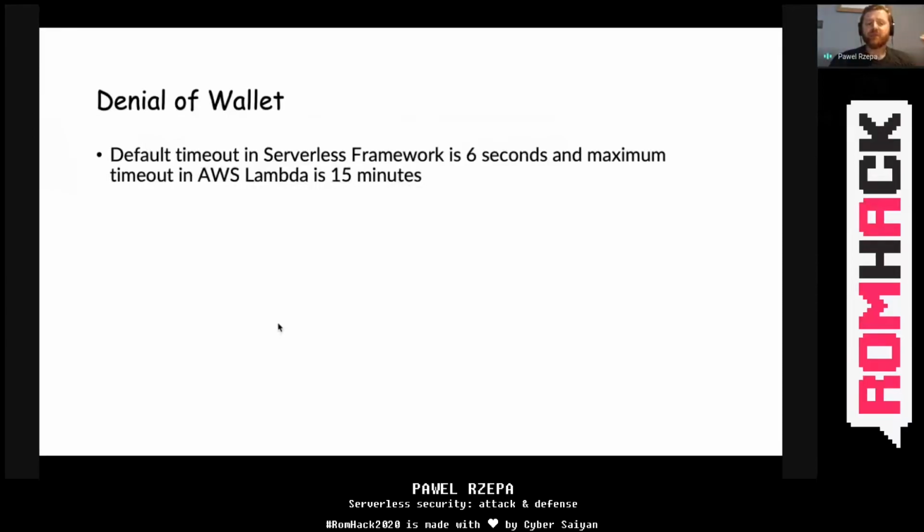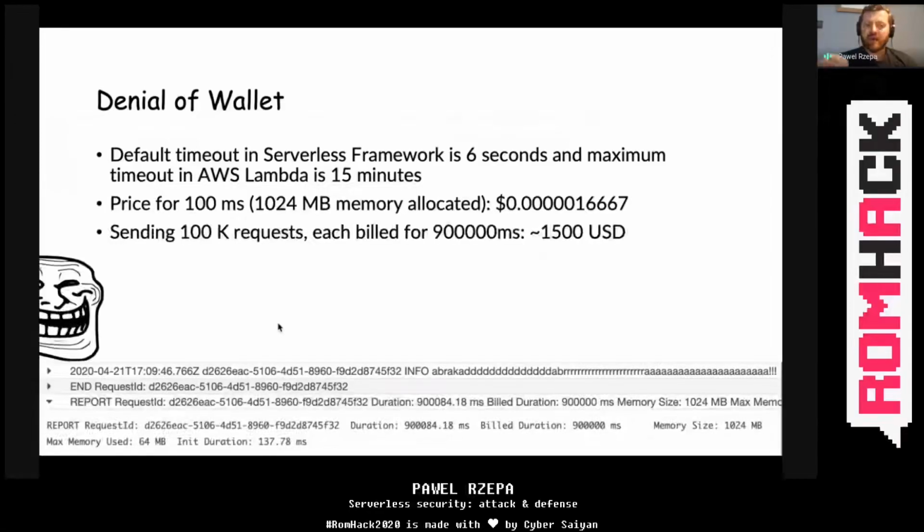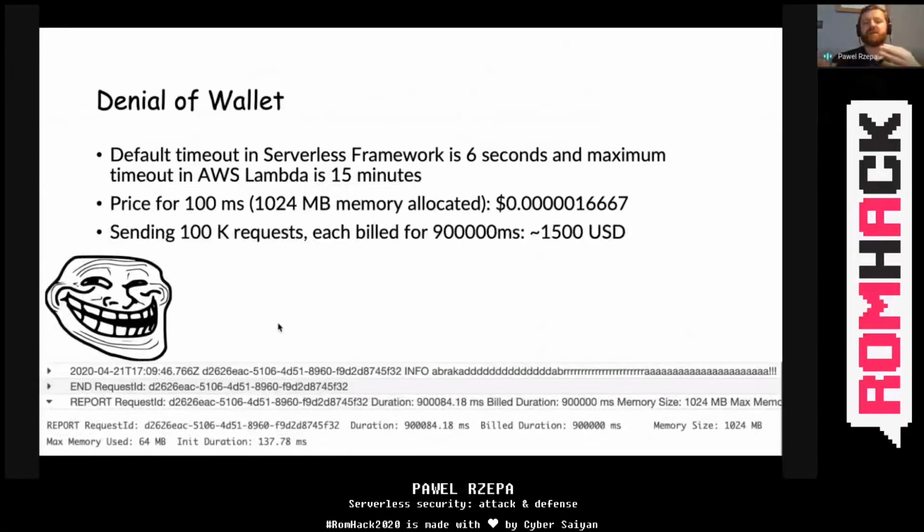This is called the ReDoS vulnerability, the regex denial of service. If you apply this ReDoS attack in a serverless application, in function as a service, that may create a financial loss for your victim.